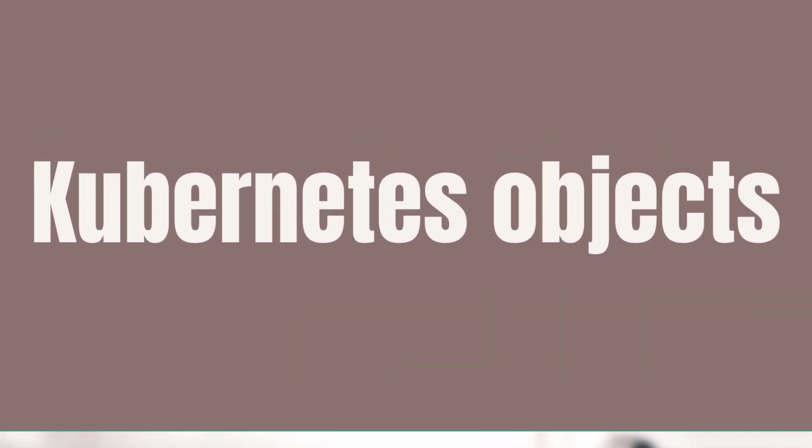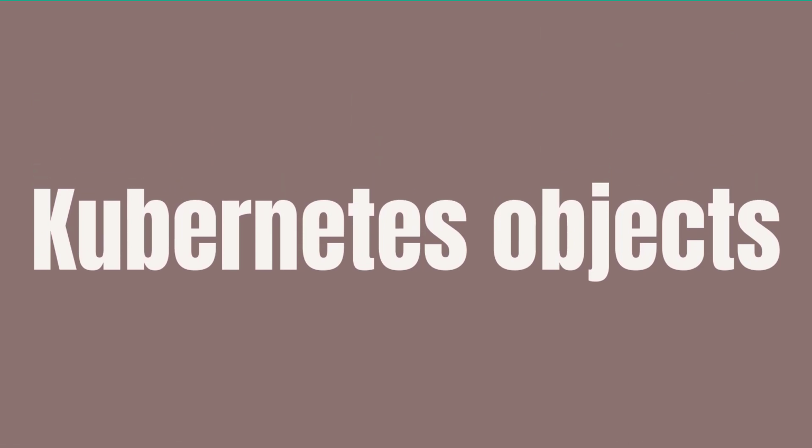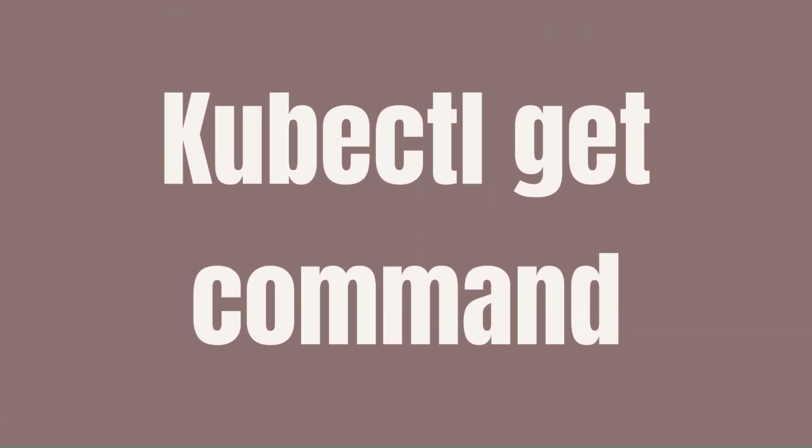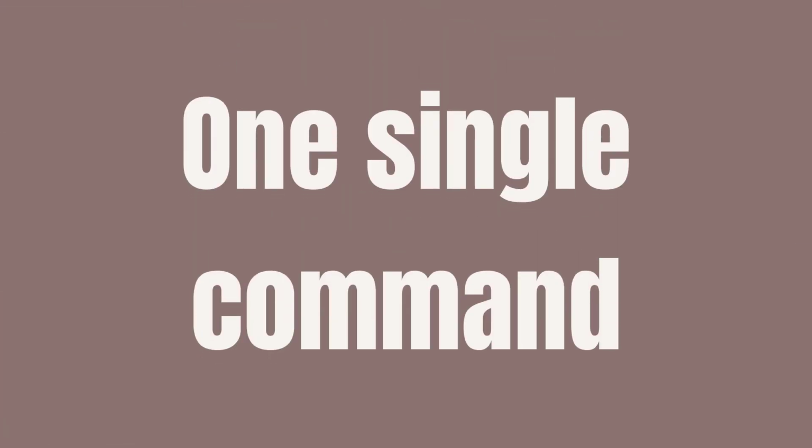So when you're working with Kubernetes and want to list all the resources, the Kubernetes objects I'm referring to, associated with a specific namespace, you can use individual kubectl get commands to list each resource one by one, or you can list all the resources in a Kubernetes namespace by running one single command.